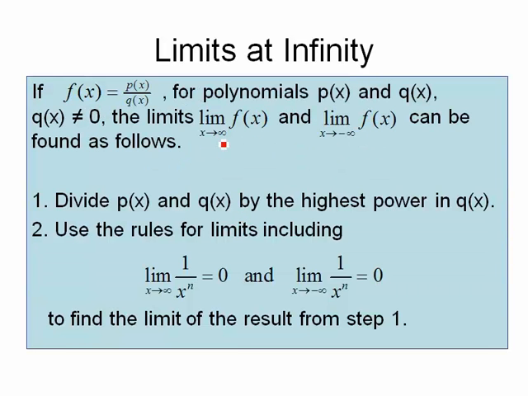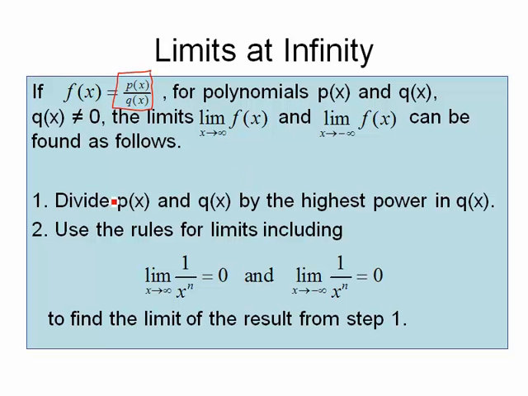Here's our strategy. Suppose we have a rational function, p of x divided by q of x, and we want the limit of f of x as x approaches infinity, or the limit of f of x as x approaches negative infinity. We can follow these steps to figure out what the limit of that fraction is.